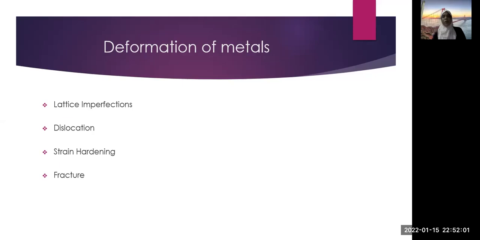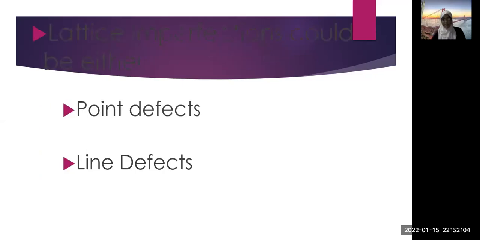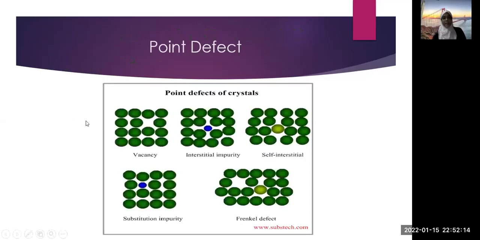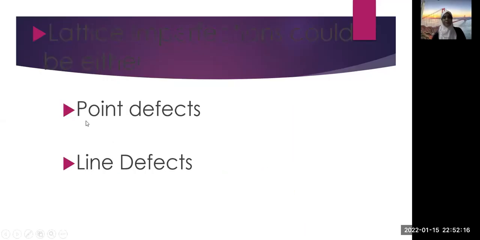Now these lattice imperfections, which you create in the metal to bring about this wrought alloy, can be in the form of point defects or line defects.